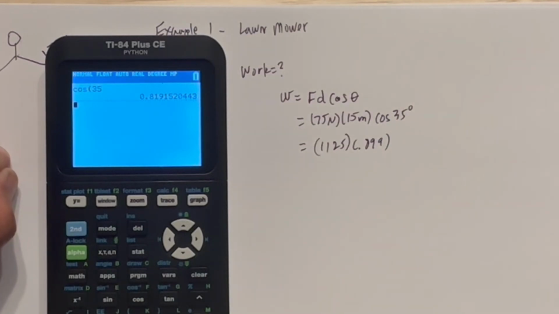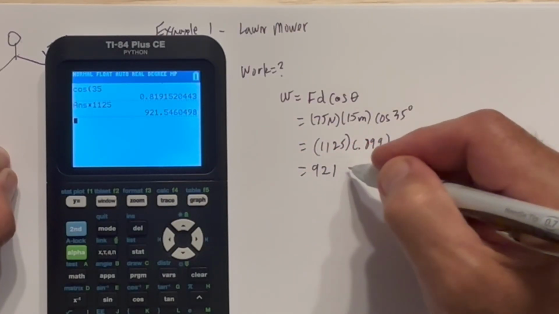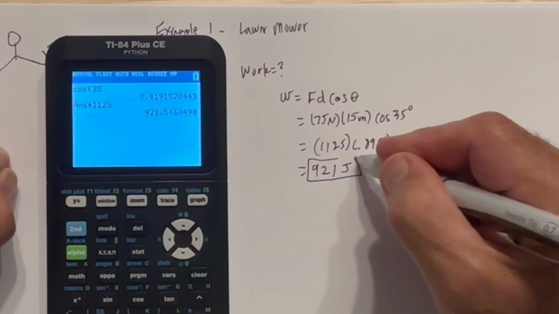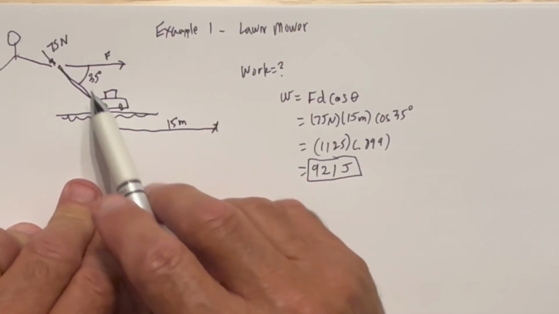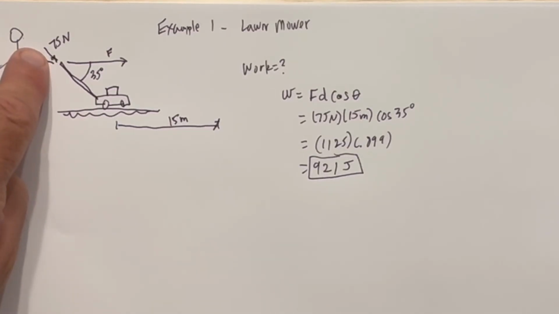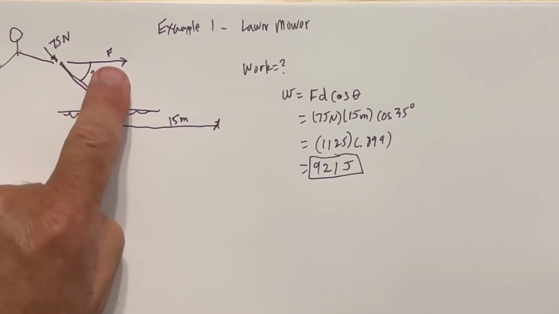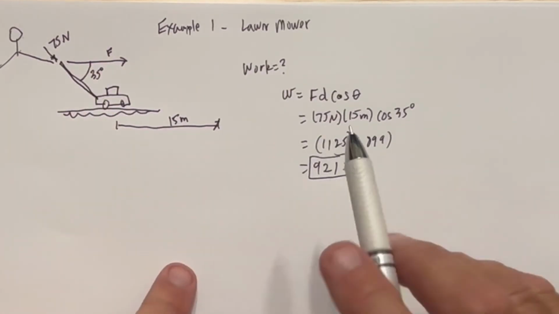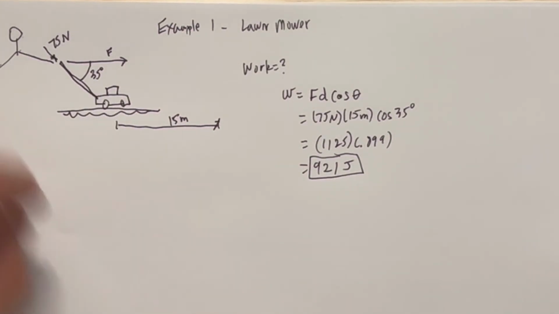We'll multiply that by 1125, and we get 921 joules. That's the amount of work expended moving this mower 15 meters. That's really the net force we're interested in, the force in the direction of travel, and this equation gives that, where theta is the angle between them. So there's our first example of a lawnmower.